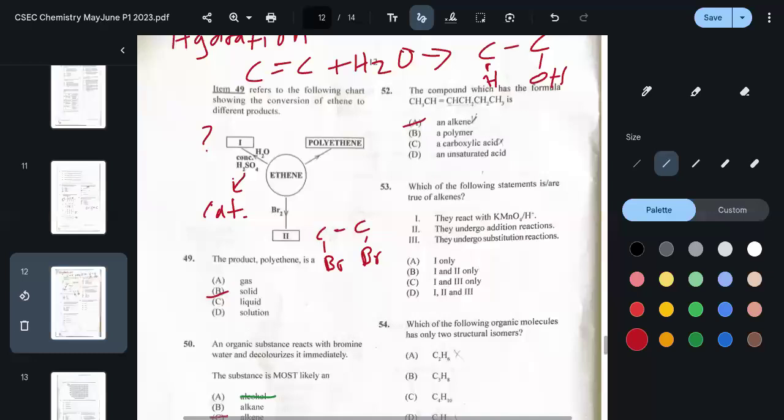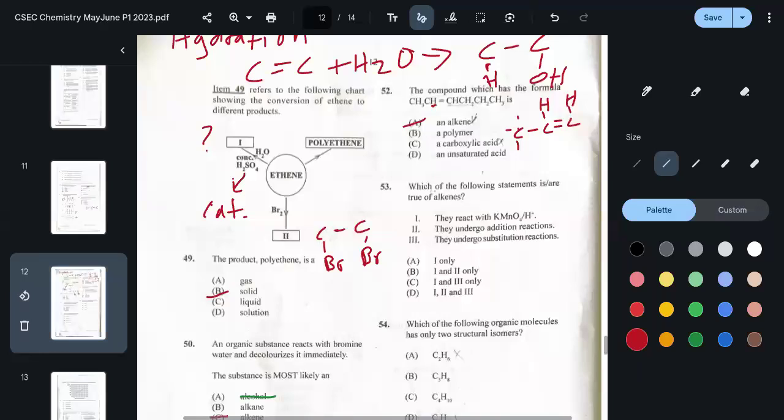Don't mind the H, because if you draw the structure, it is CH3, CH, double bond, CH. This is just the condensed formula. They didn't have to put the double bond either. It could have just been CH, CH, and you would know that a double bond is there.